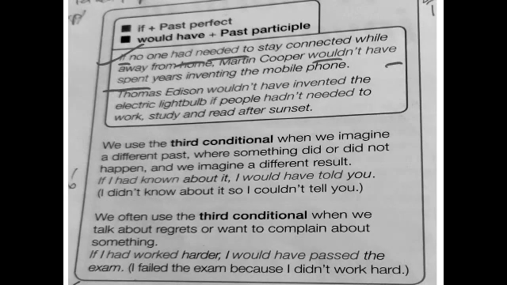And what about the second example? That is: Thomas Edison would not have invented the electric light bulb if the people had not needed to work, study, and read after sunset. Okay, so I've already told you that it is not necessary that the if clause must come at the beginning of the sentence. You see here in this sentence, the if clause comes in the next part of the sentence.